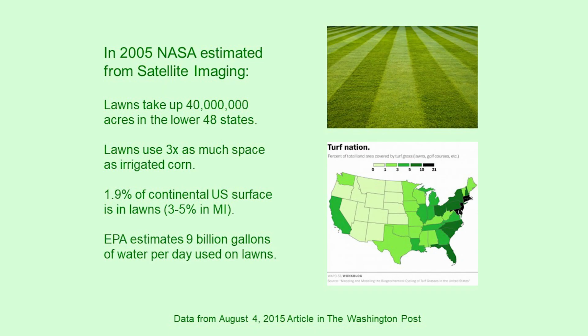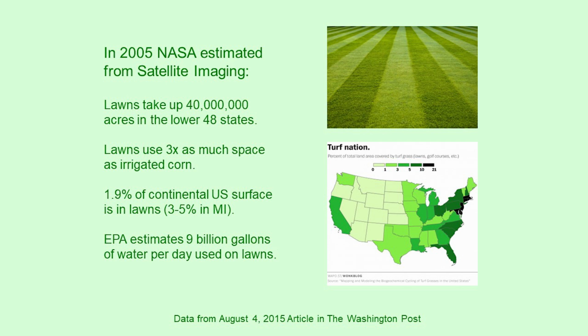So, for example, in 2005, NASA estimated the following from satellite imaging, and since 2005, it has only become worse. Lawns take up 40 million acres in the lower 48 states.